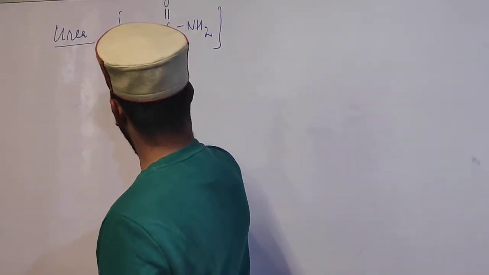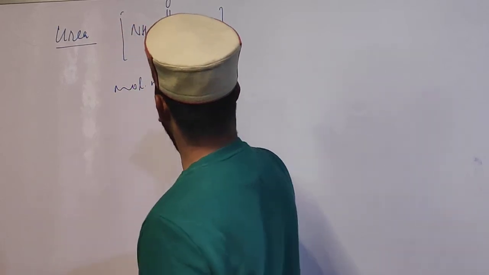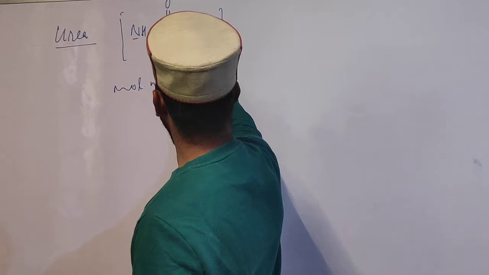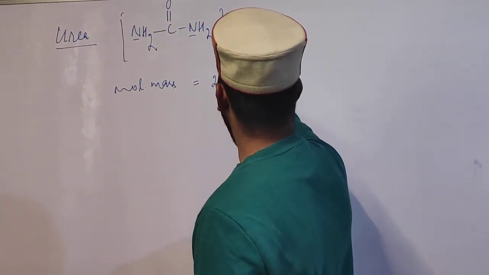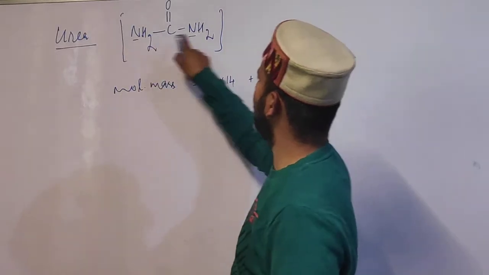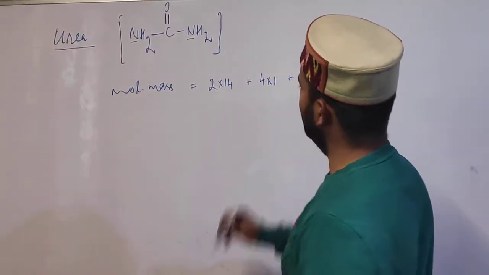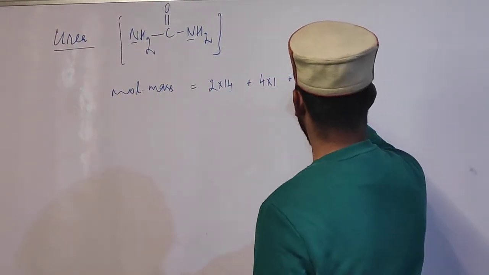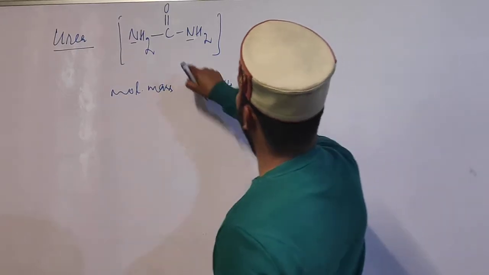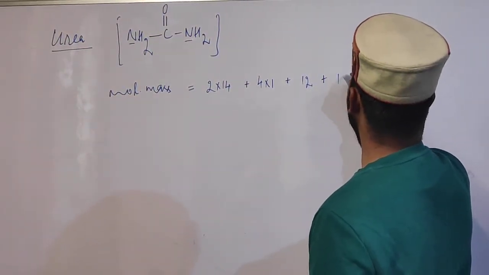First we'll determine the molar mass of urea. We have 2 nitrogens, so 2 into 14, plus 4 hydrogens, so 4 into 1, because the atomic mass of hydrogen is 1. Then we have 1 carbon, that is 12, and 1 oxygen, so it is 16.